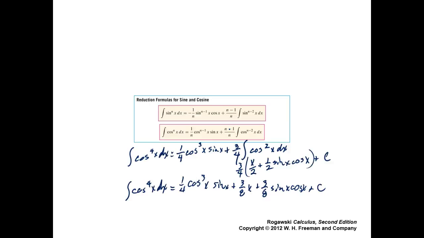So did y'all get that? No, okay. Meaning when I was reading it, 1/4 cosine cubed x sine x.